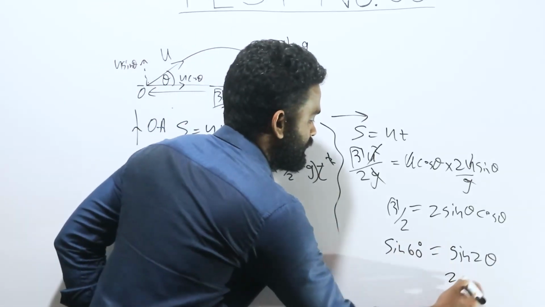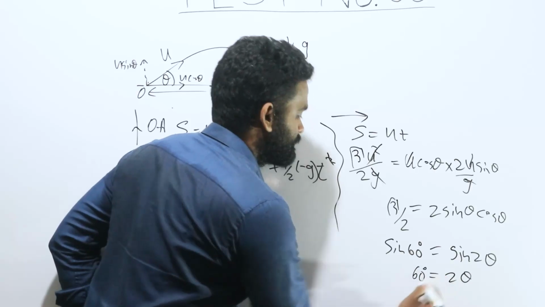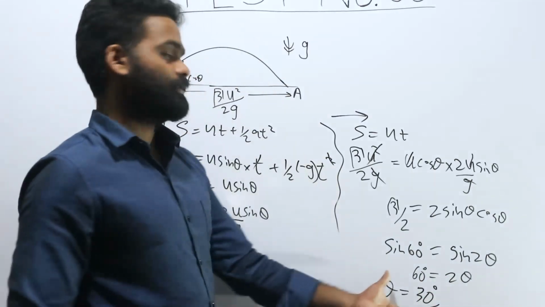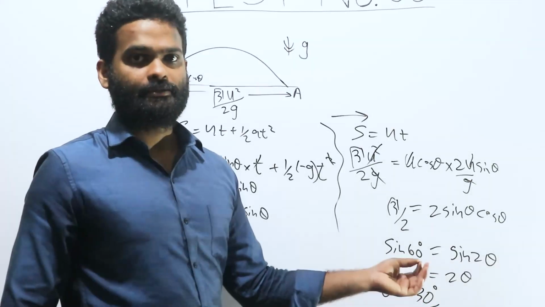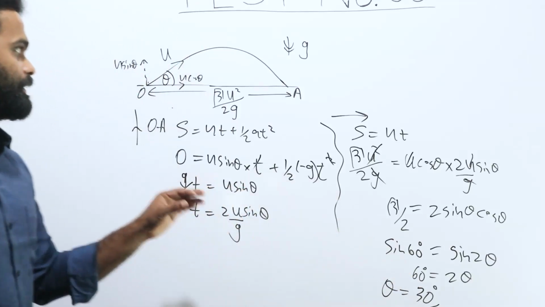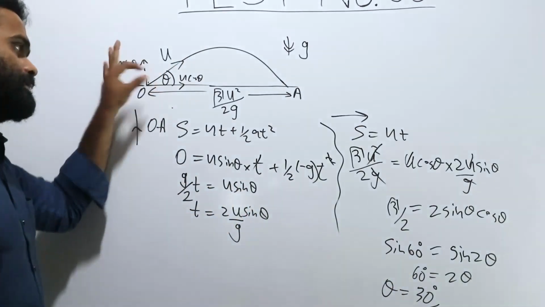Then we can say 2 theta is equal to 60 degrees. Then theta should be 30 degrees. So now we found a value for theta, that is 30 degrees.